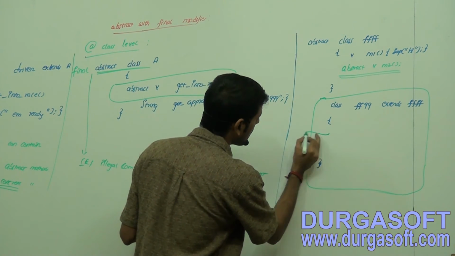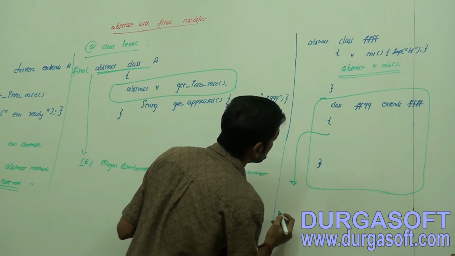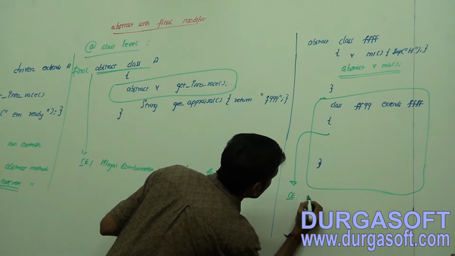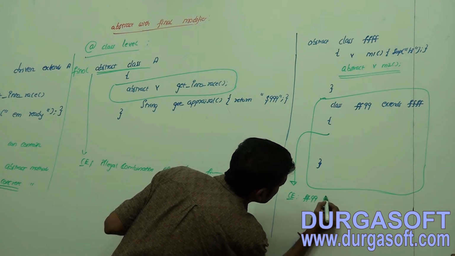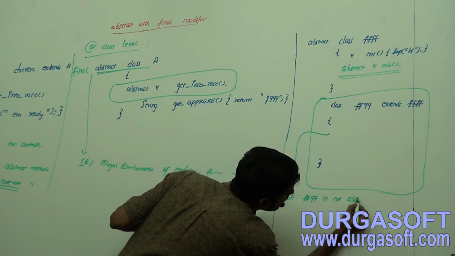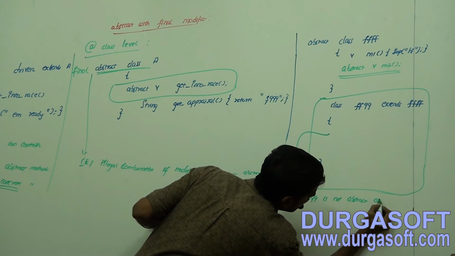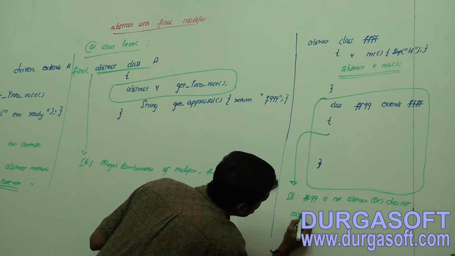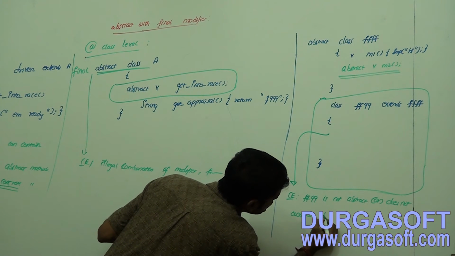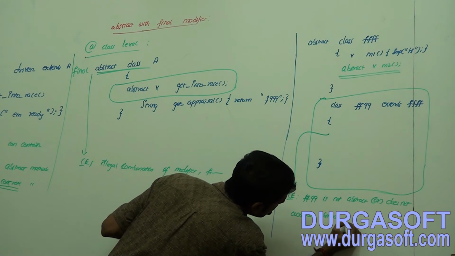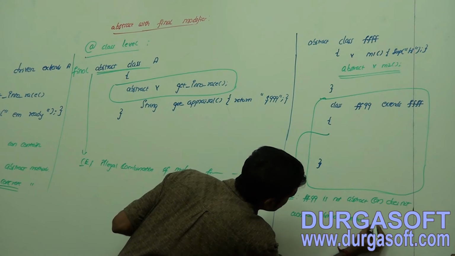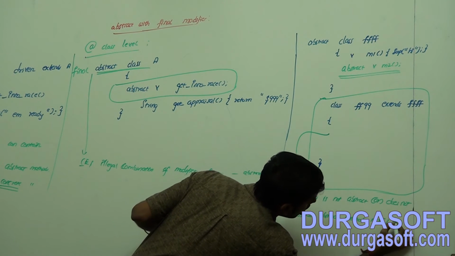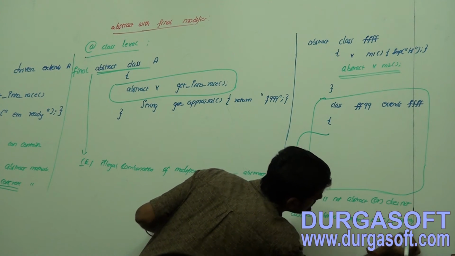You are going to get the compile time error: ff99 is not abstract or does not override abstract method m2 properly. Very important, friends.